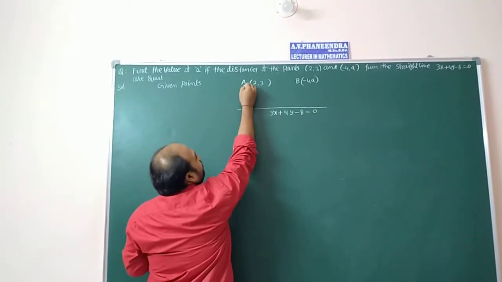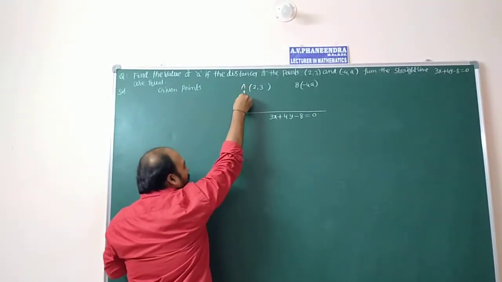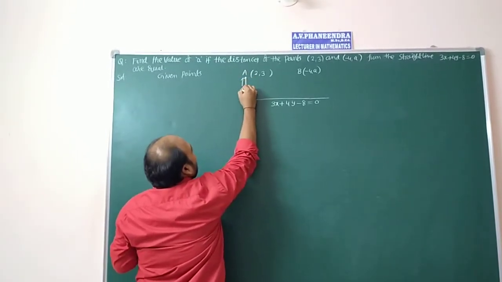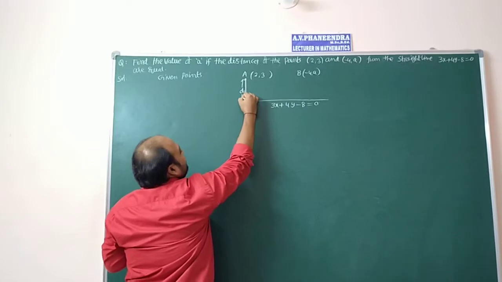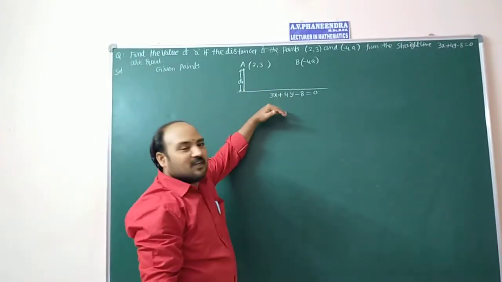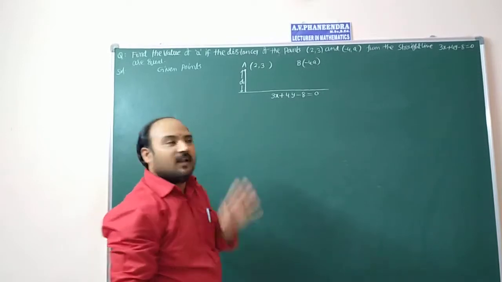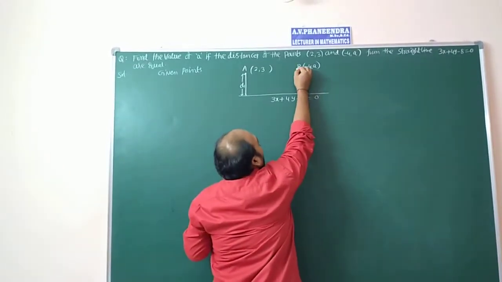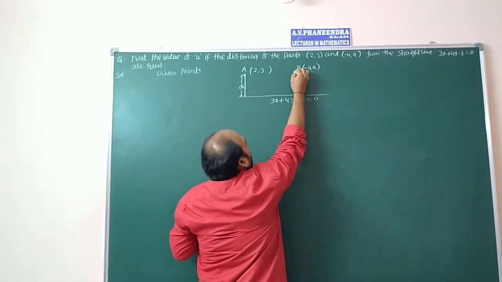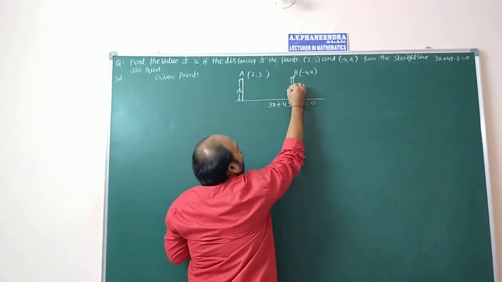That means from the point A to this line, we are assuming that the distance is d1. Distance in the sense here, perpendicular distance from this point to this line, length of perpendicular. Again, from the point B to this line we are assuming d2.